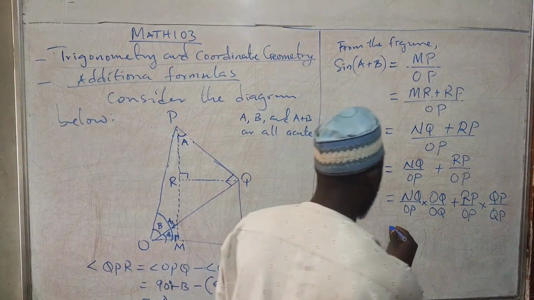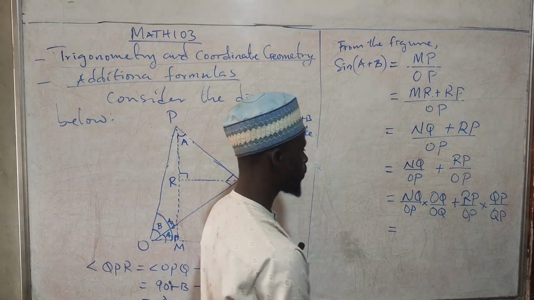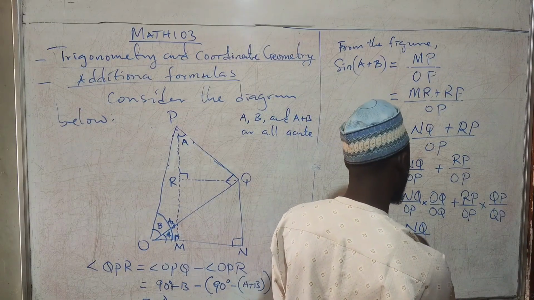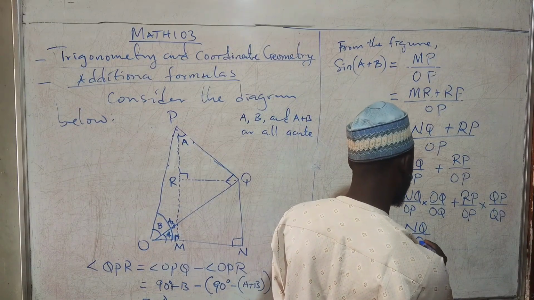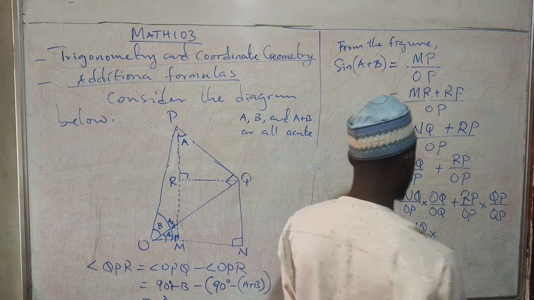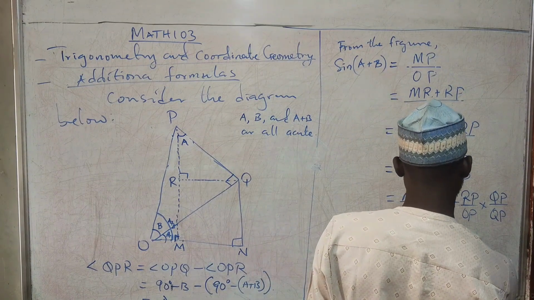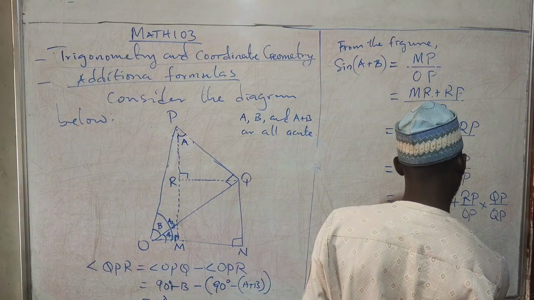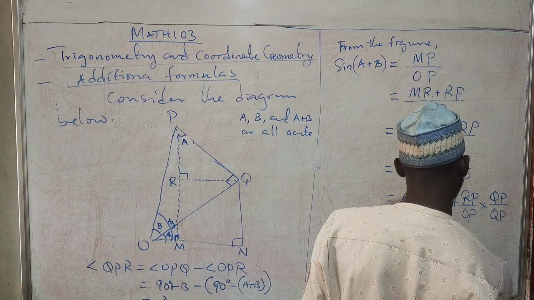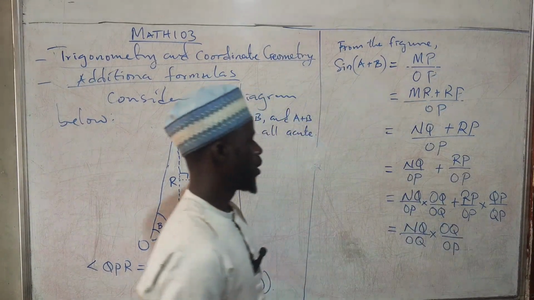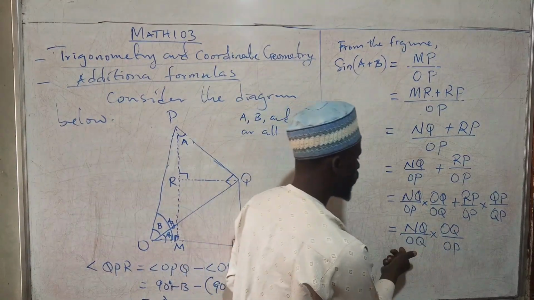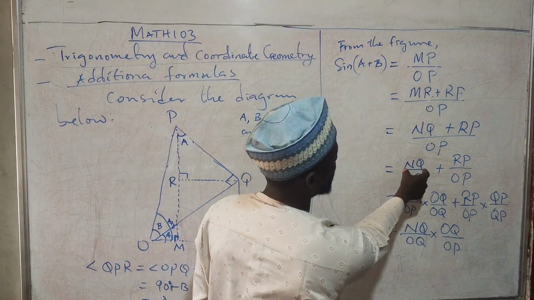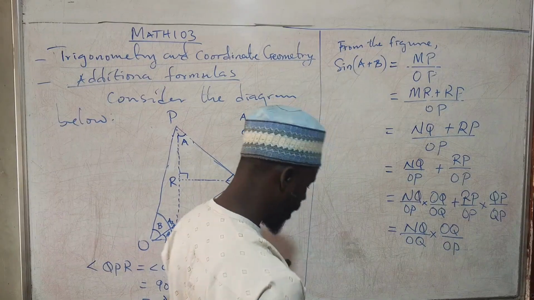So with this, I can say this is equal to, I can write NQ over OQ times OQ divided by OP. So that OQ should cancel OQ, all I have is NQ over OP, which is my initial line.